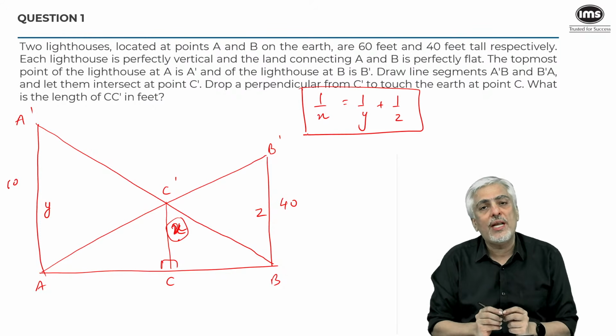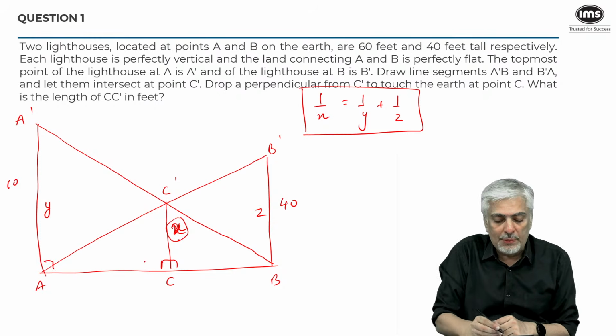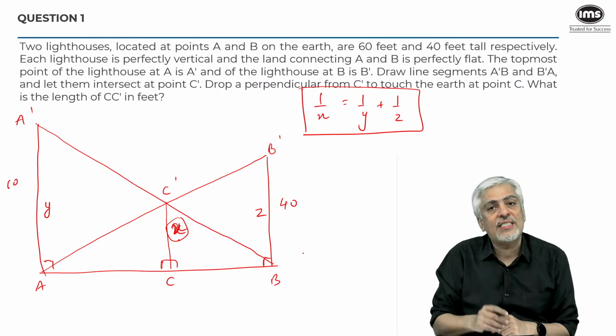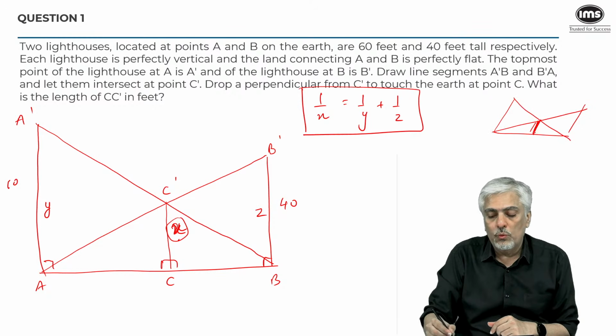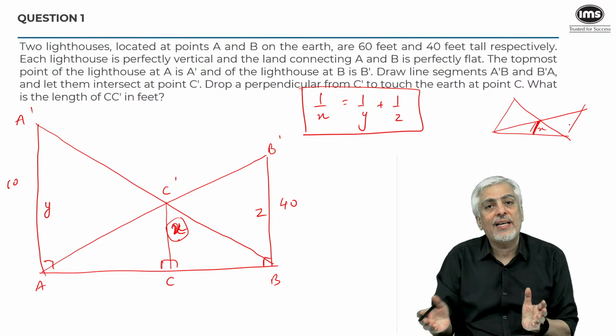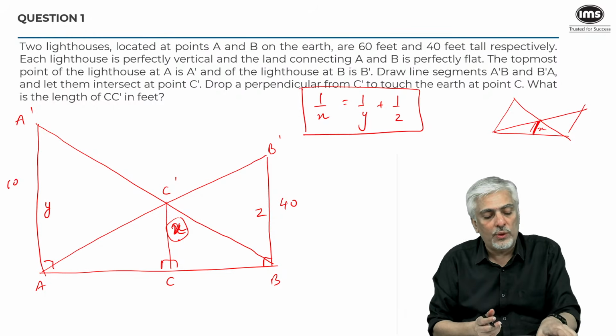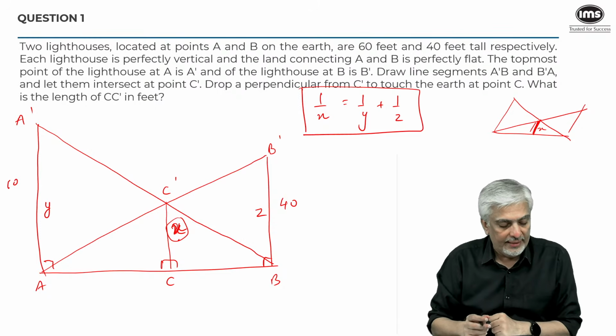Remember, the lines don't have to be perpendicular. In this case all three are perpendicular, but even if they were slanting and parallel to each other, the property would still hold. The middle one is X, the other two are Y and Z, then 1 upon X will always be equal to 1 upon Y plus 1 upon Z.